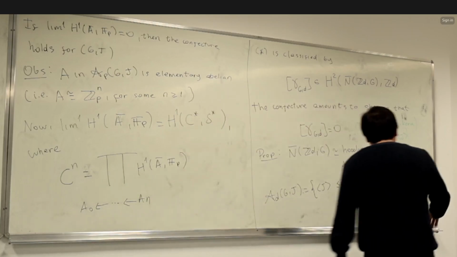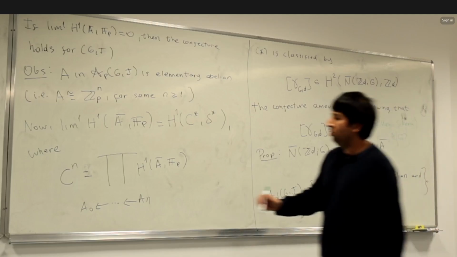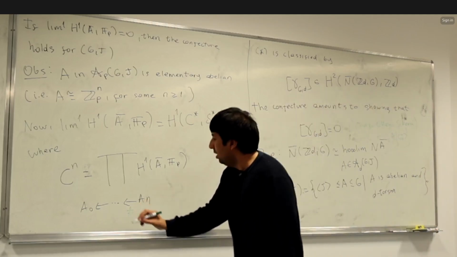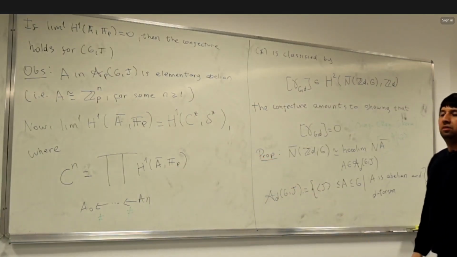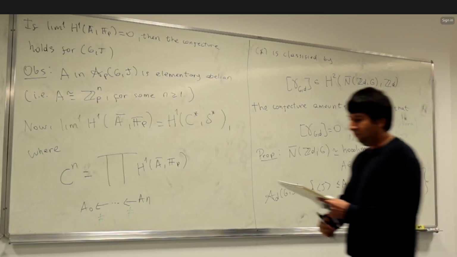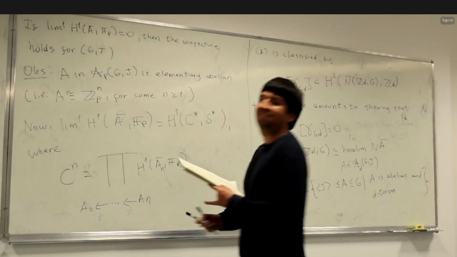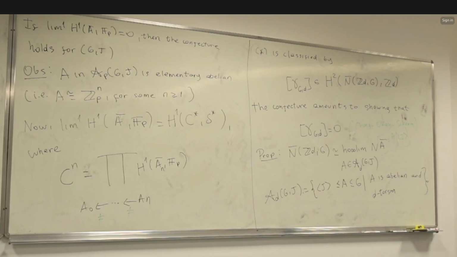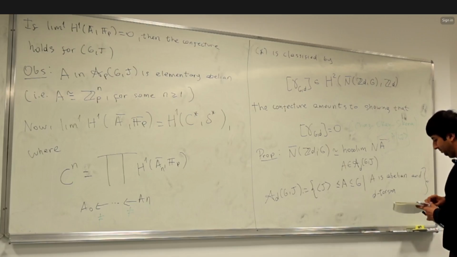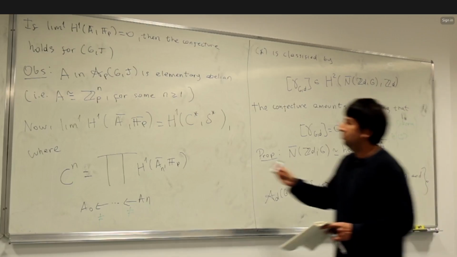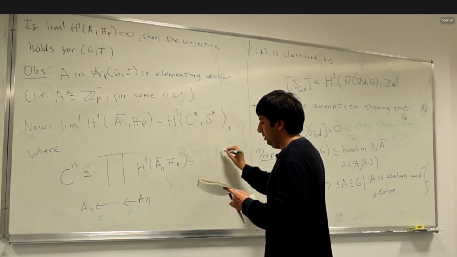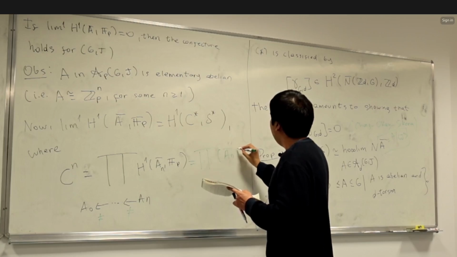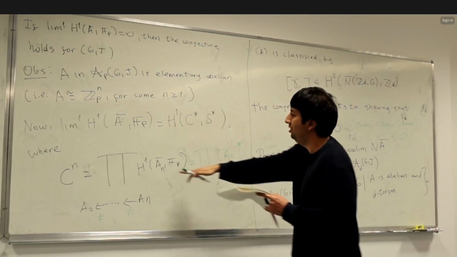But we can take normalized chains, so we can assume that they are not equalities. So they are strict inclusions. Ā sub n. And we can instead write this by H¹ of Ā_n dual, because this is the first cohomology group.